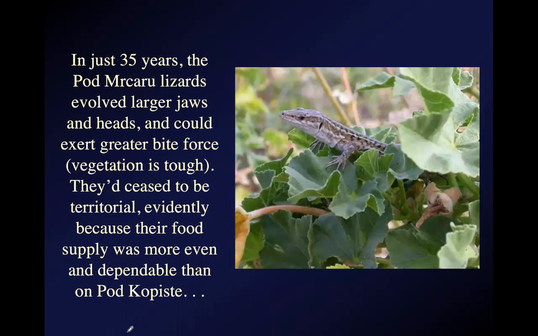As you might expect, this caused changes in the Podmurcharu lizards. They had bigger jaws, they had larger heads, and as was measured in the lab, they could exert greater bite force, because it requires more force to bite into a leaf than it does to bite into a nice, tasty maggot or fly or something like that. So there were physical changes that were noticed.